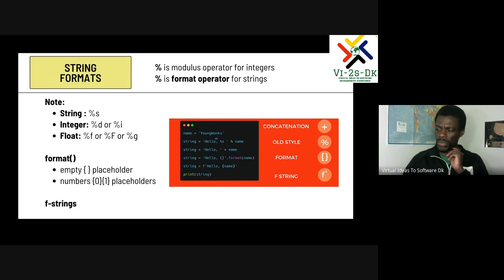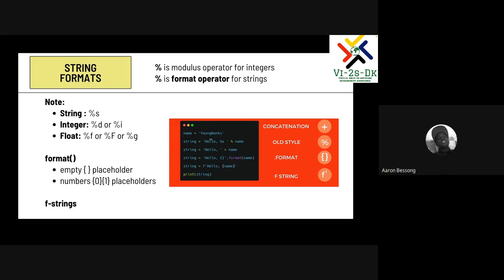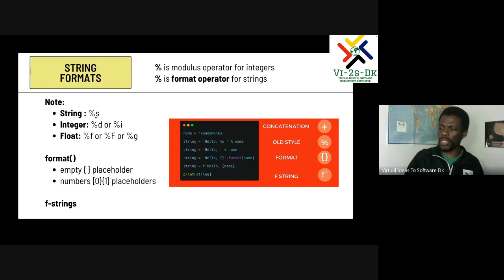We wanted to create another variable, which is a string. And in this case, it says hello, %s. This format operator is telling us that, hey, wherever you see this, substitute it with the name that we have already generated. So you use %s for string.